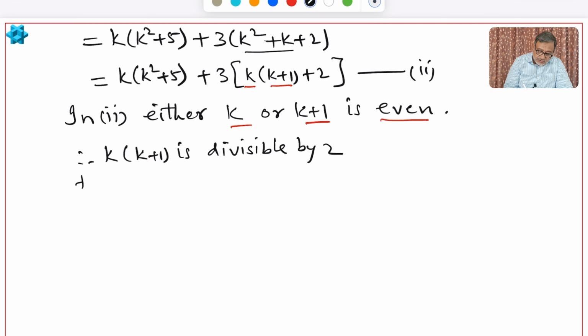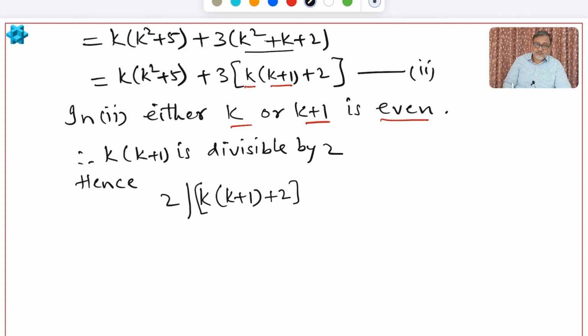So hence the same thing we will write like this: k(k+1)/2 plus 2, right? So this is divisible by 2, right?